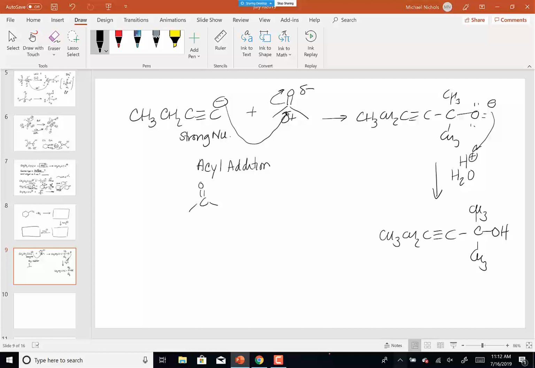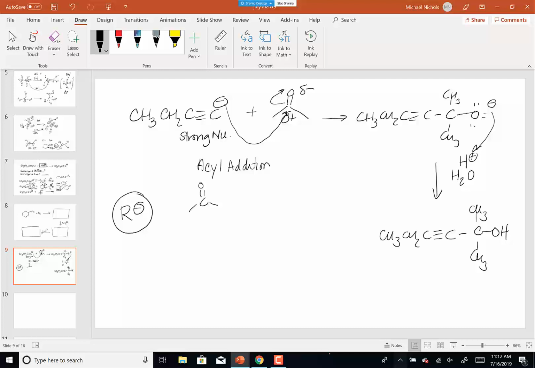Now, you could say this reaction seems like it's coming out of left field. No, it's not. It's foreshadowing. Because what you're going to look at for tomorrow are Grignard reactions. And a Grignard reaction is when you make an R-, when you make a carbanion.